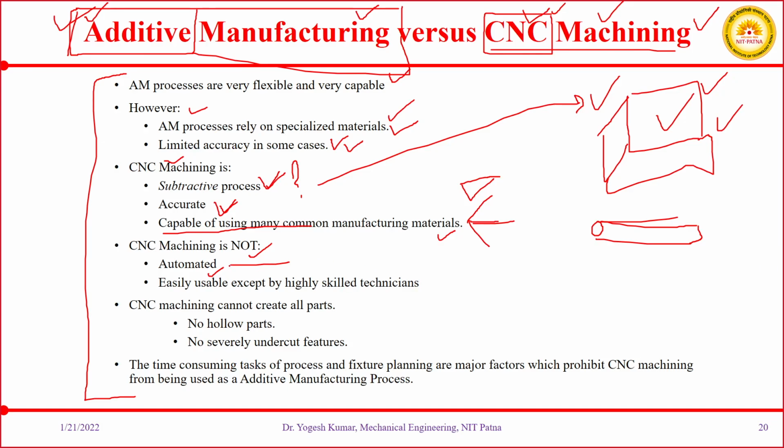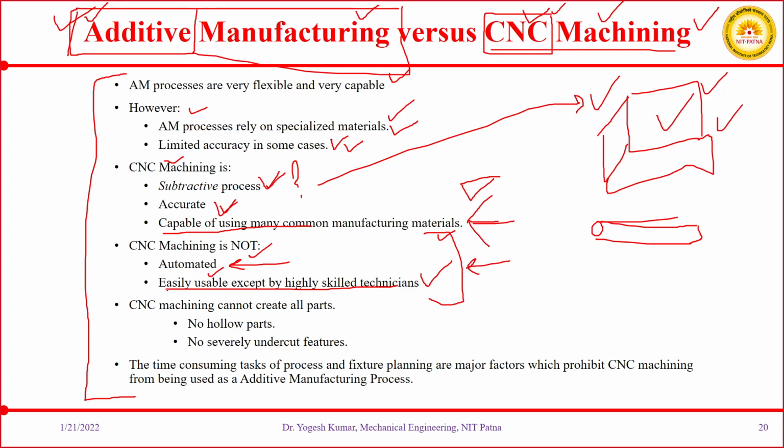And for understanding that programming, we require a highly skilled technician. But in the case of AM processes, from the demonstration which I gave in lecture 1, you can easily understand that even a layman, to whom you explain how to use this 3D printer, will be able to produce the product using your AM process.